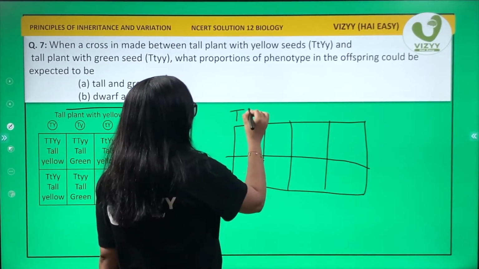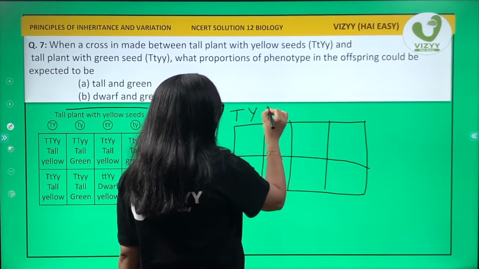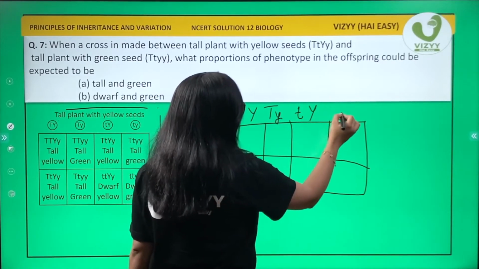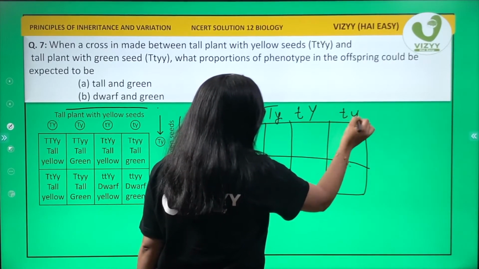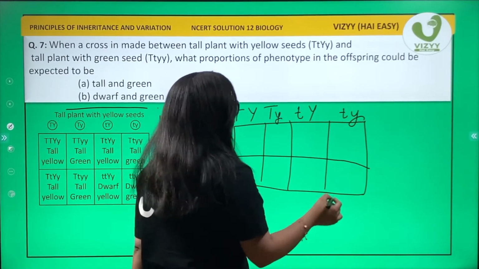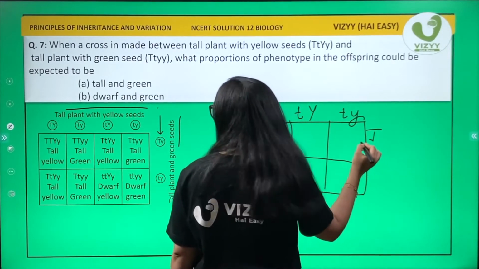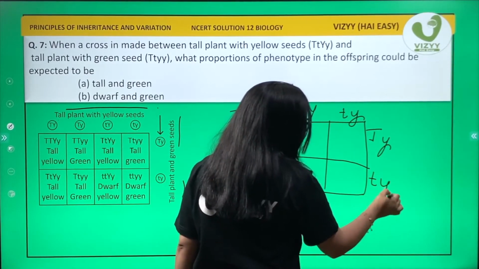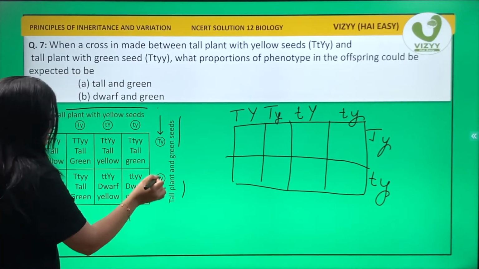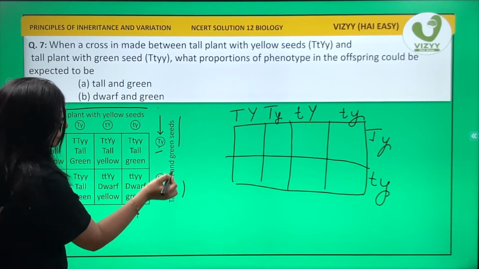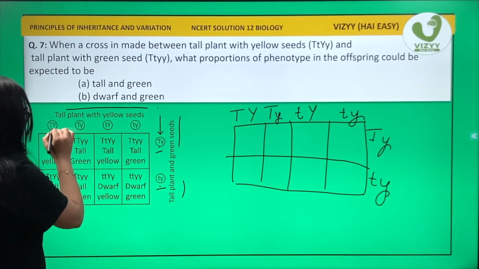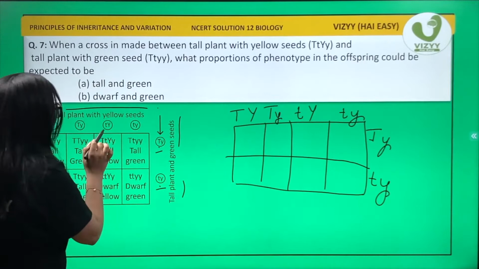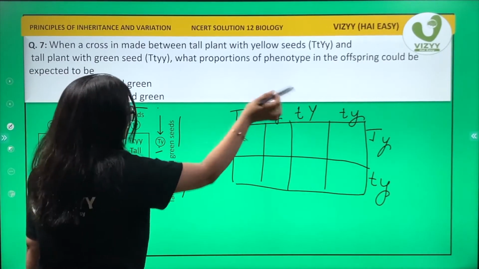Both of them dominant, one of them dominant and recessive, and lastly, both of them recessive. Let's check: capital T, small y; small t, small y; capital T, capital Y; capital T, small y; small t, capital Y; and small t, small y.